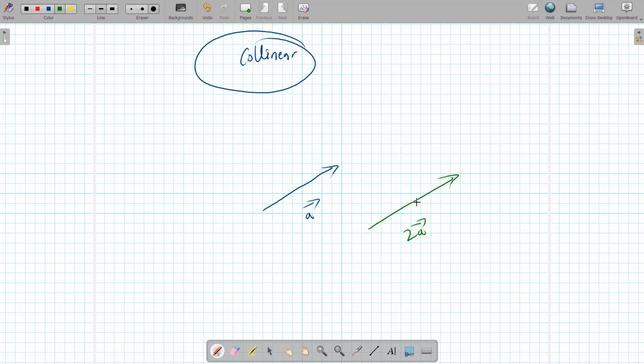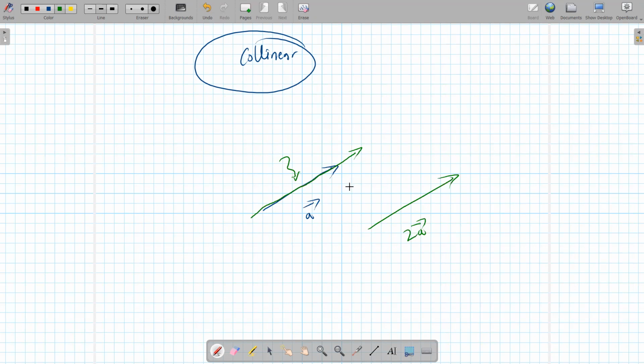Do you agree? Now, if you were to superimpose, put them on top of each other, they would look something like this. They're the same line, yeah? So these two vectors, a and 2a, are collinear. They're directly on top of one another. They represent the same line.